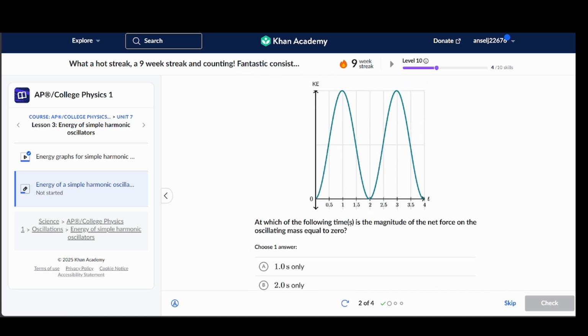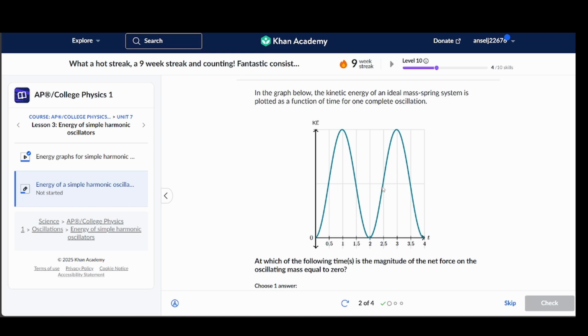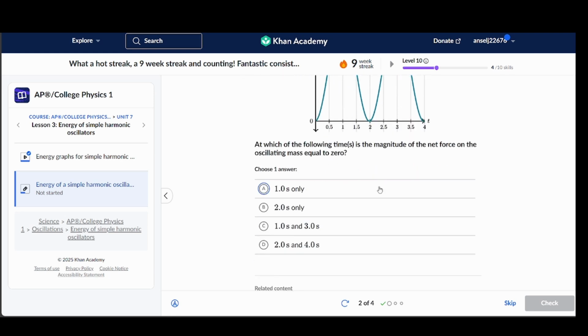In which of the following times is the magnitude of net force on the oscillating mass equal to 0? I'm pretty sure it's either at the peak or at the rest.